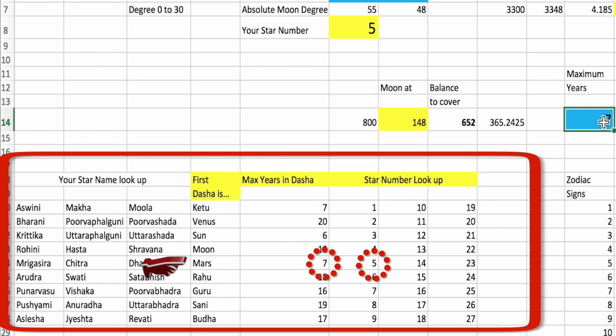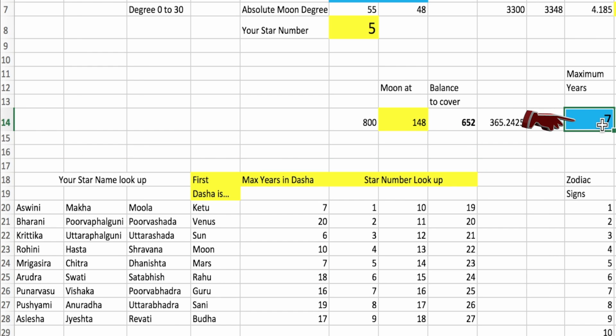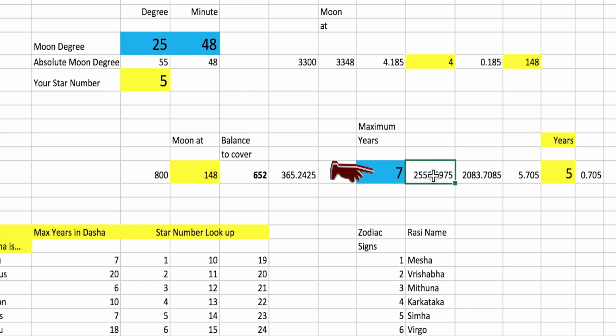So this 7 years is entered here. In this cell, you find the product of these two numbers, 365.2425 into 7 years, just to find out how many days are allotted to the dasha of Mars.